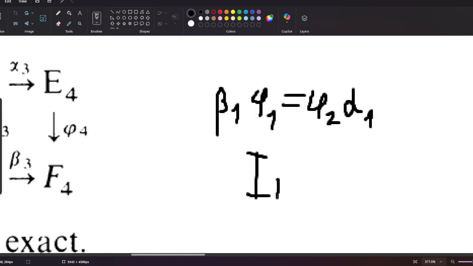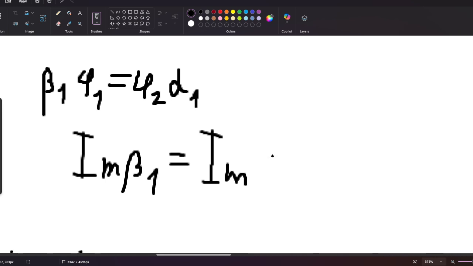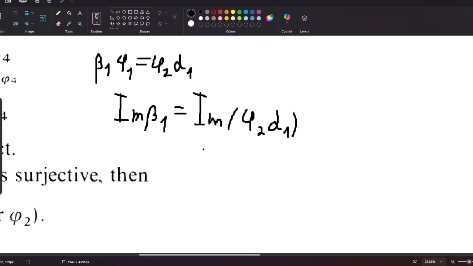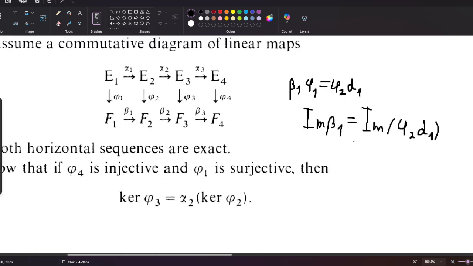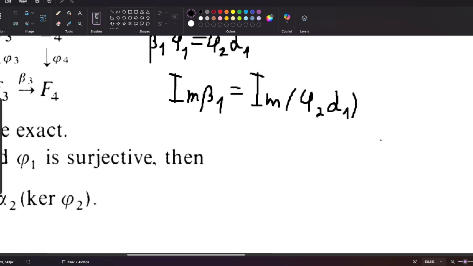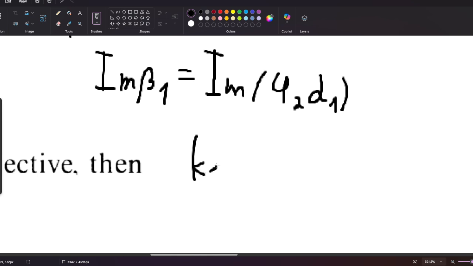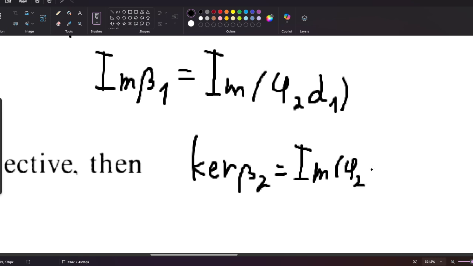So the image of beta 1 equals the image of phi 2 alpha 1, and since this is an exact sequence, we can also write this down as the kernel of beta 2 equals the image of phi 2 alpha 1.